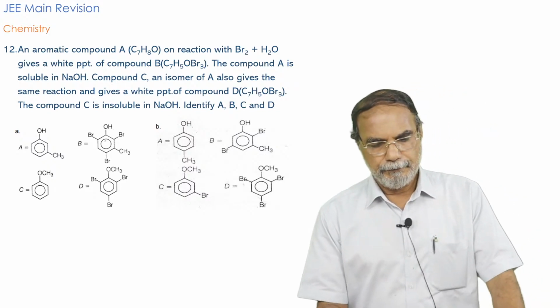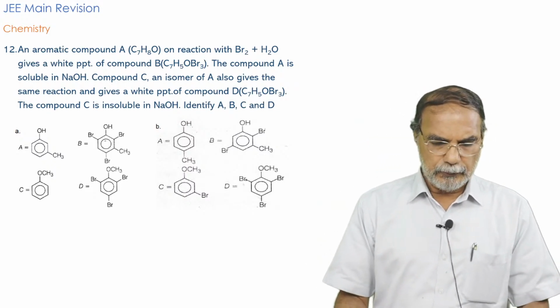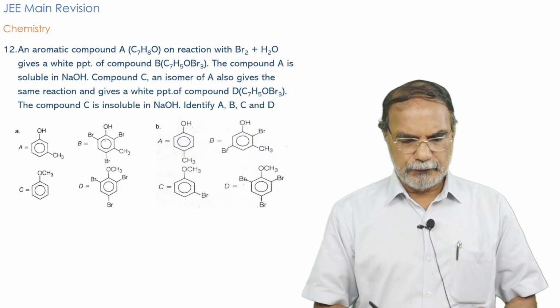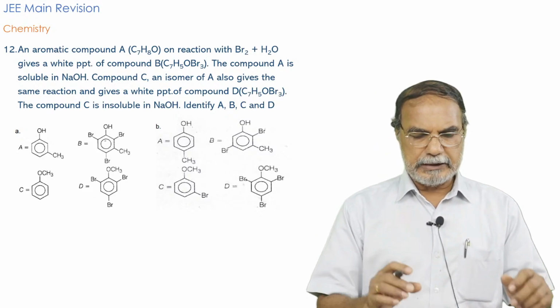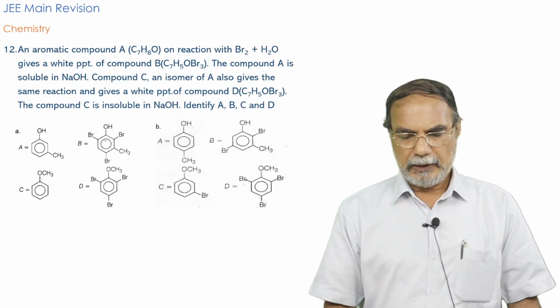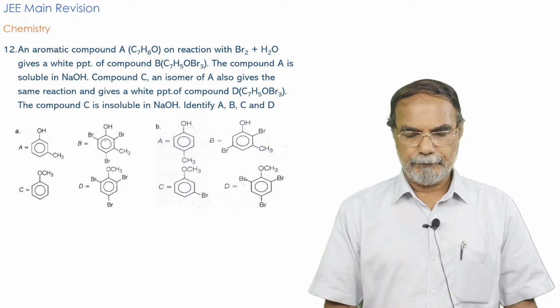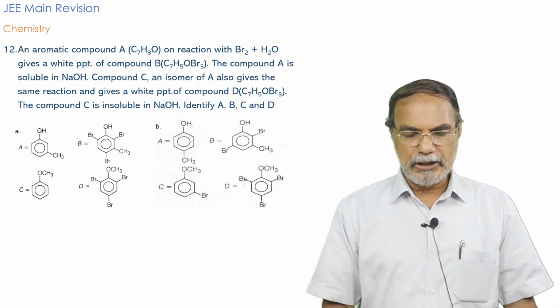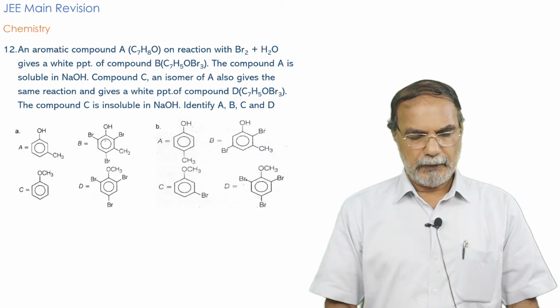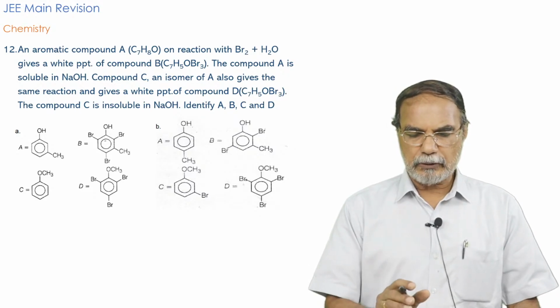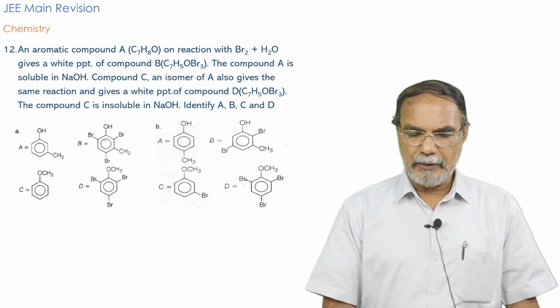Now come to this question. Of course, there is a little description there. One has to understand the description. An aromatic compound C7H8O on reaction with the bromine water gives a white precipitate of a compound with the molecular formula given.